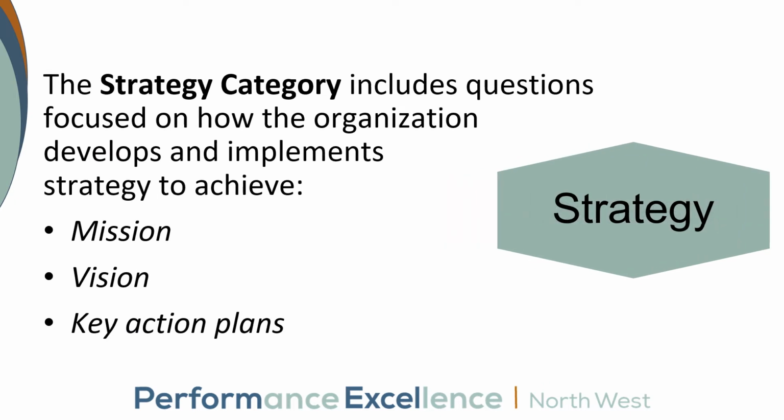Once leaders have fully communicated the direction to the organization, there needs to be a plan developed that will allow everyone to operationalize the mission and vision. The strategy category asks questions around how an organization develops and implements strategy. So, to align with the mission and vision, which we now know is built knowing the customer requirements.